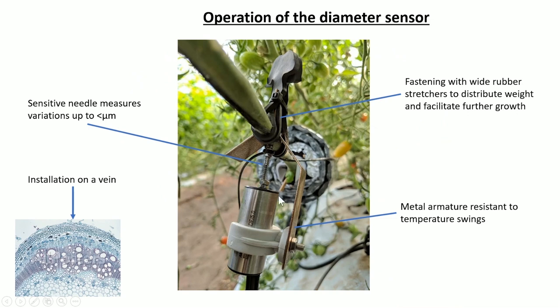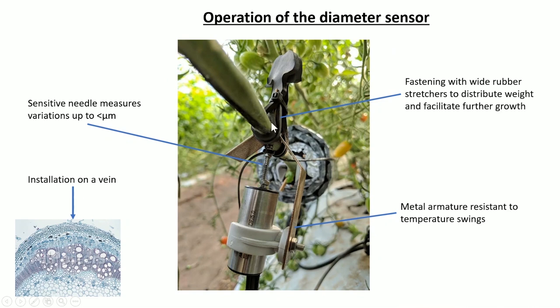This system measures variations smaller than a micrometer, which is really needed to see the different potentials in the cells and really show those micro variations that we like to see during the day. We also install on a certain vein.